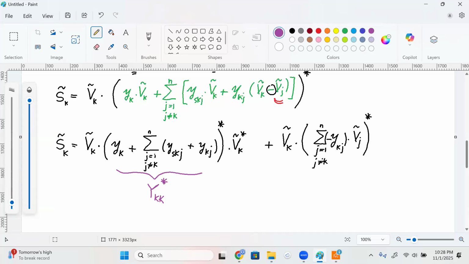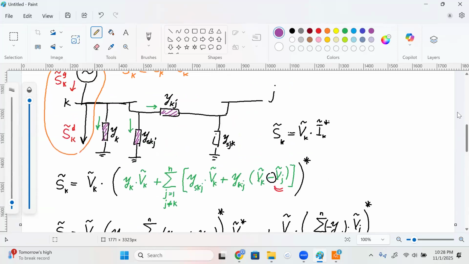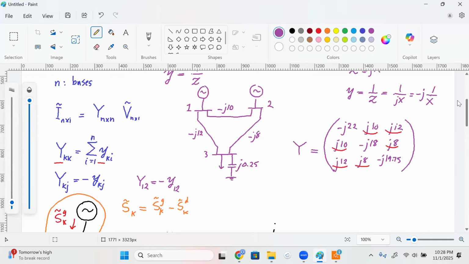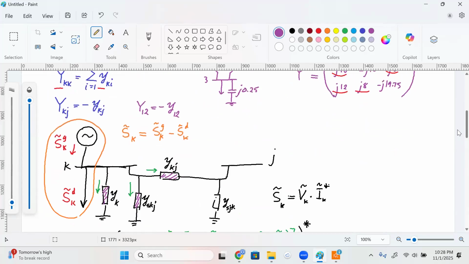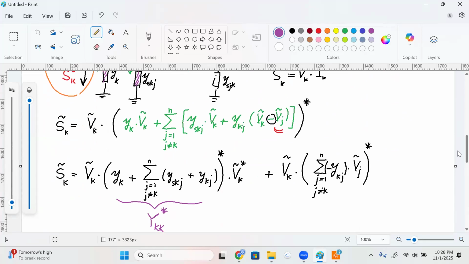What else do I have? Let's look at the term on the right. I have negative YKJ. Let's go back to the definition of the admittance matrix. Negative YKJ is essentially the off-diagonal element of the admittance matrix. I'm going to use the capital Y again here. So negative YKJ is going to be capital YKJ.